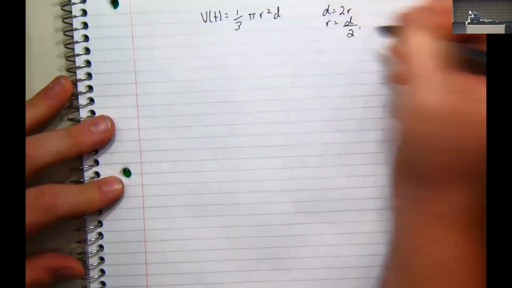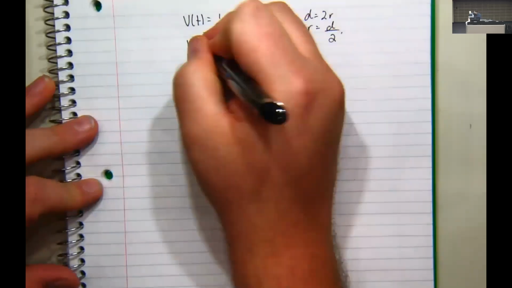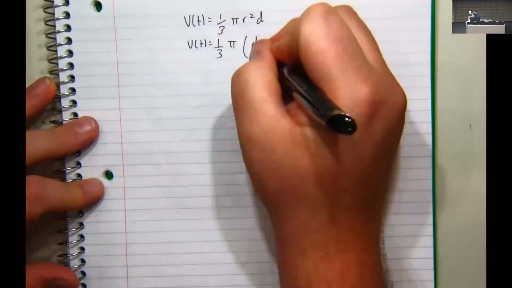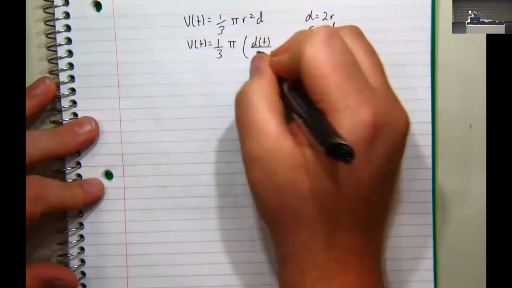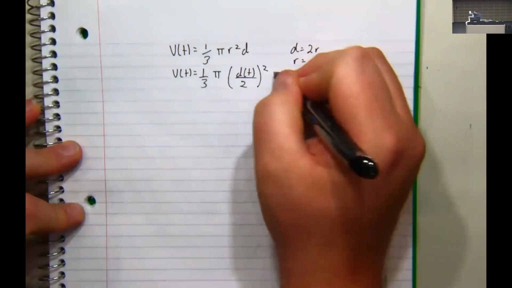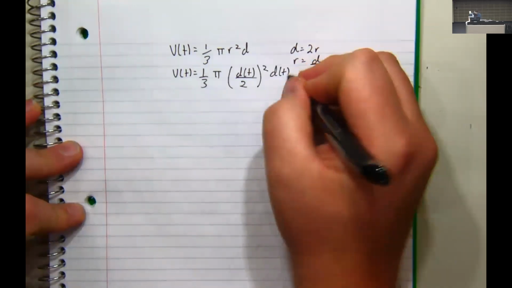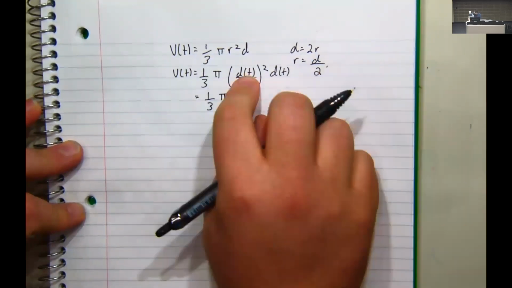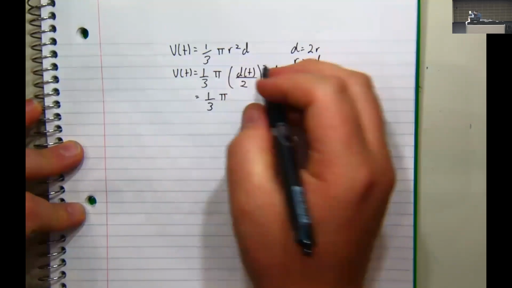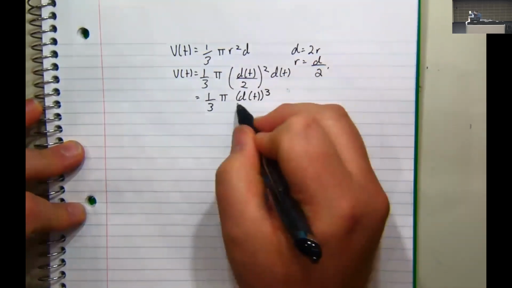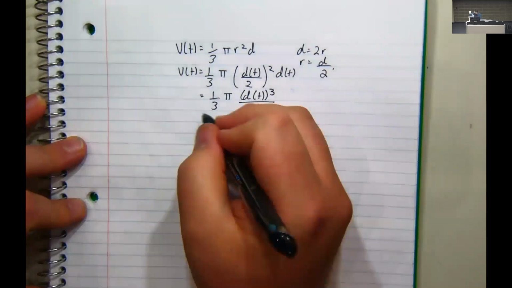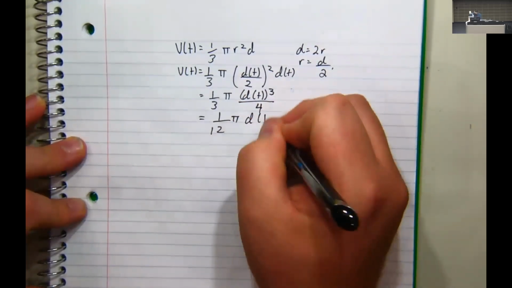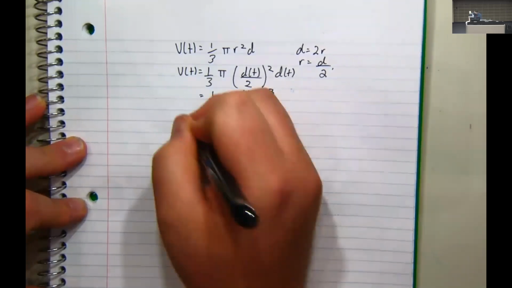V of t is equal to 1/3 pi d at t over 2 squared times d at t. We bring this in and take this out. So this will be d at t cubed over 4, which is equal to 1/12 pi d at t cubed.